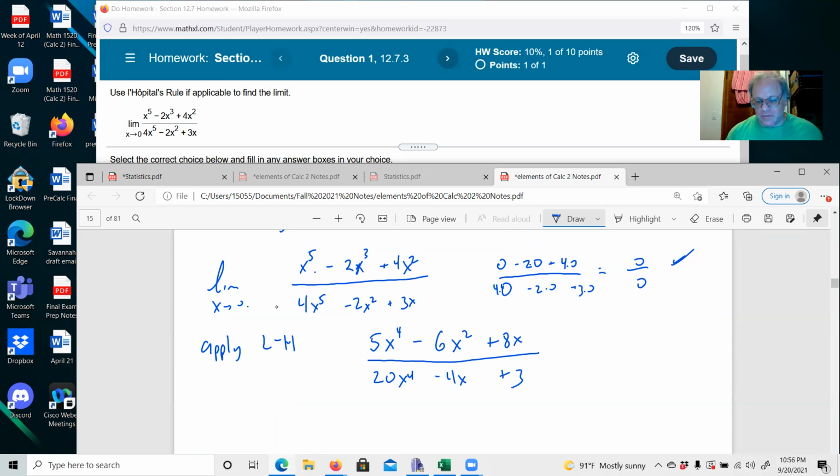Now when I take the limit as x approaches 0, on top we get 5 zeros minus 6 zeros plus 8 zeros, but on the bottom we get 0 minus 4 zeros plus 3. So this ends up as 0 over 3. That's not an indeterminate form. That's 0, so the limit here is 0.